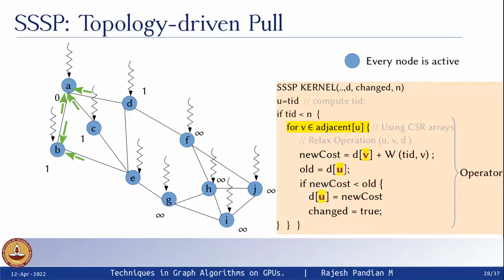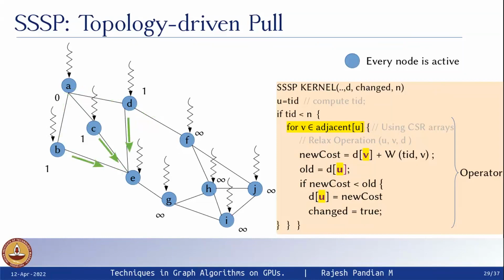Yeah, I will show you the animation for the pull approach, which actually happens in parallel for each of the vertices. But since I cannot show the animation for all the vertices together, I have animated it in such a way that it is understandable.